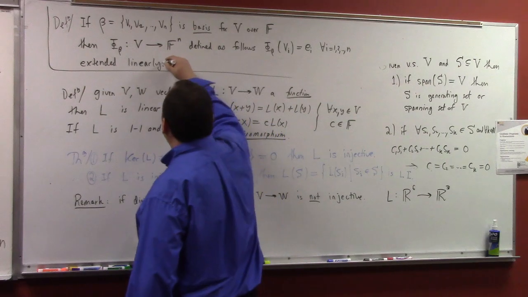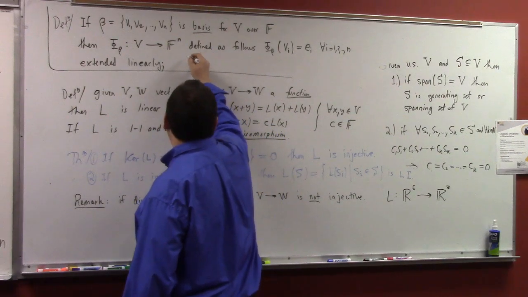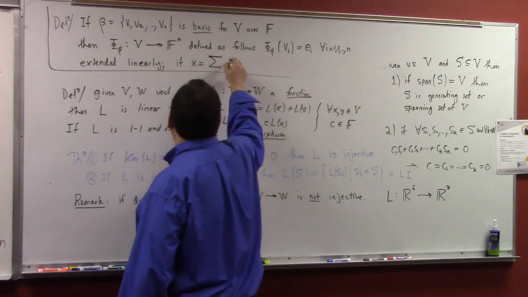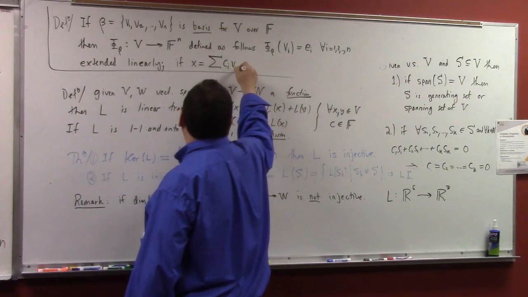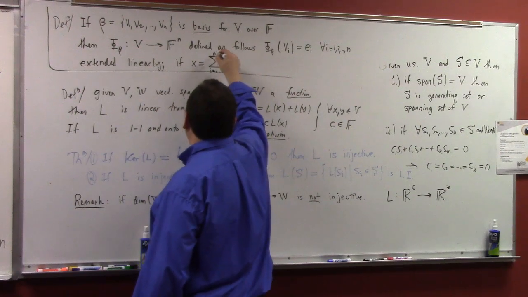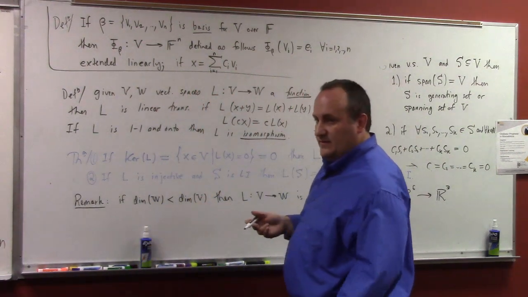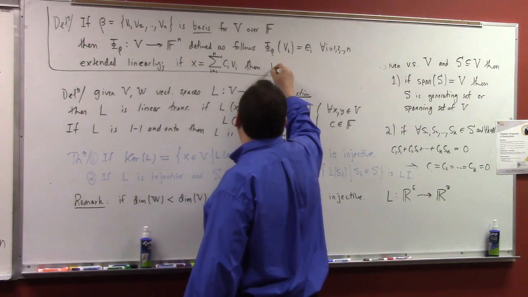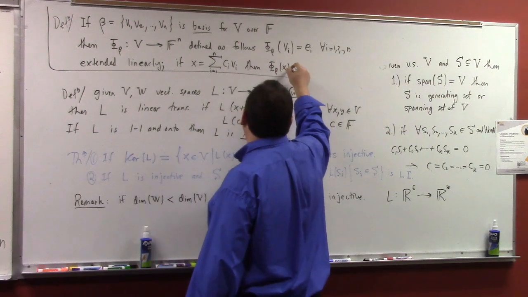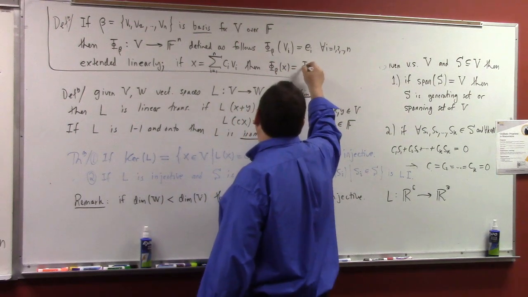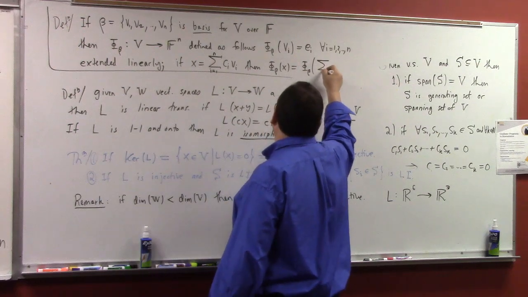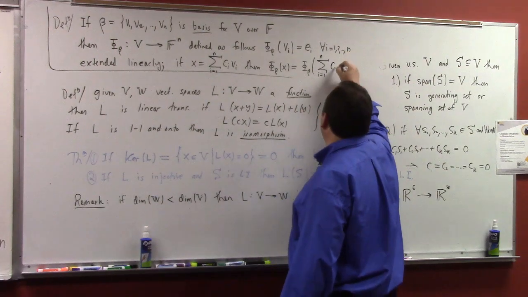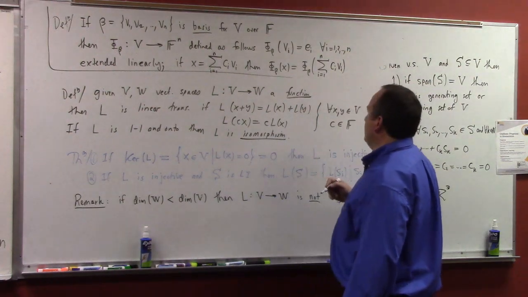All I'm really saying is that if I have x equal to the sum of c_i v_i, i equals 1 to n, which of course can be done because it's a basis, then phi beta of x equals what? Phi beta of the sum i equals 1 to n of c_i v_i, right?